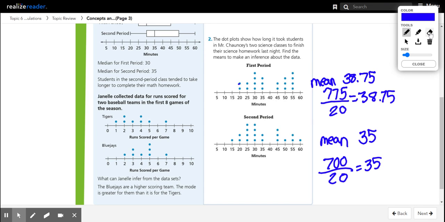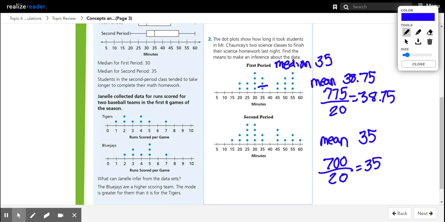Now I'm going to show you how I can get the median. It's 20 sets of data, so the median would split that in half, and I'm going to find the 10th one. 1, 2, 3, 4, 5, 6, 7, 8, 9, 10. Between the 10th and 11th one would split the data in half. So it looks like my median is 35.